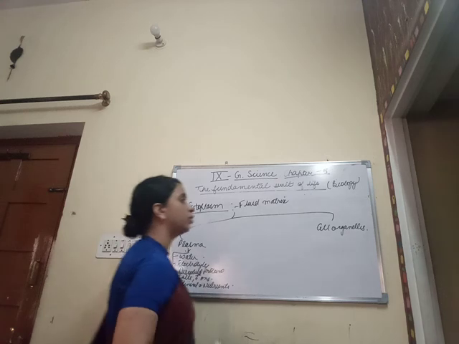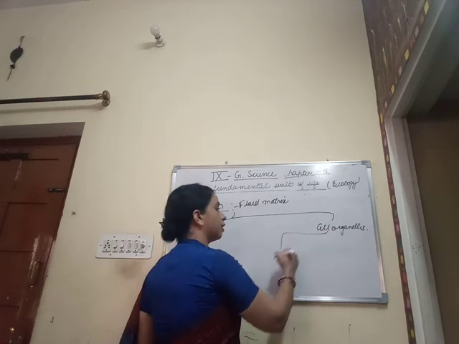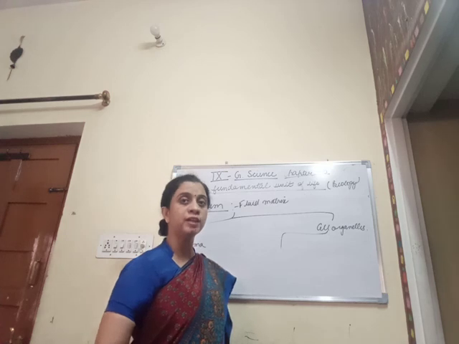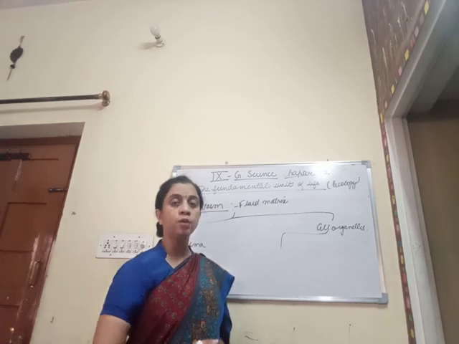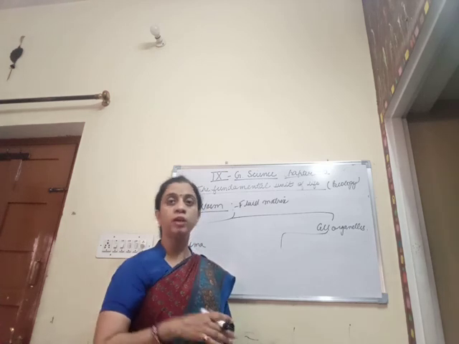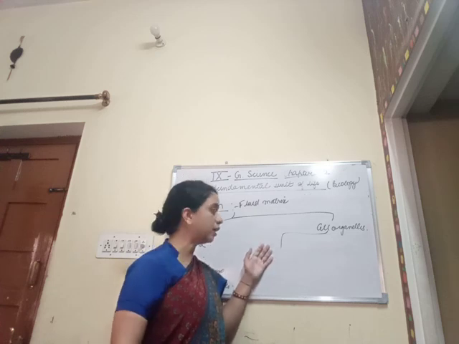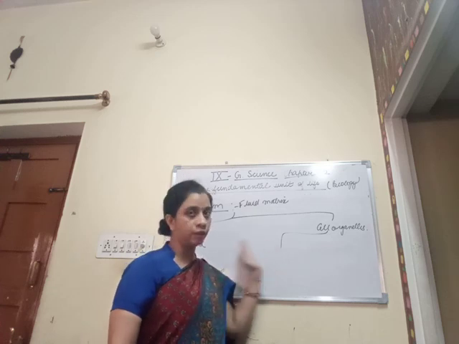And when I am talking about the cell organelles, again I have told you that cell organelles can be of any type, that is, they can be membrane bounded, non-membrane bounded, single membrane bounded, or double membrane bounded, and I have already given you the chart. All these cell organelles can be categorized under these headings.